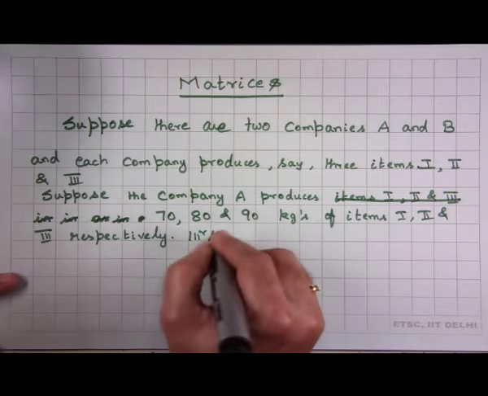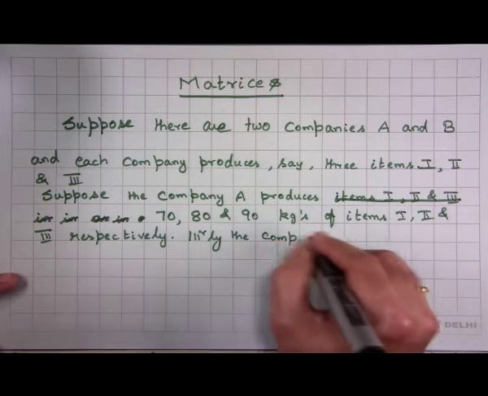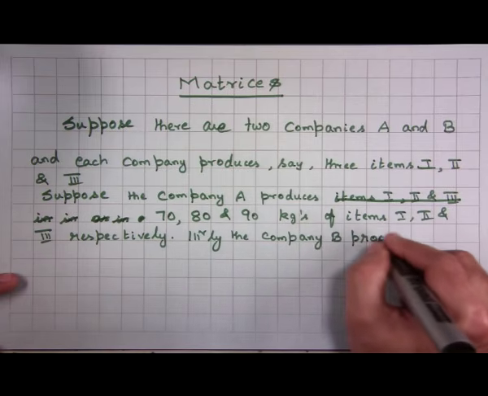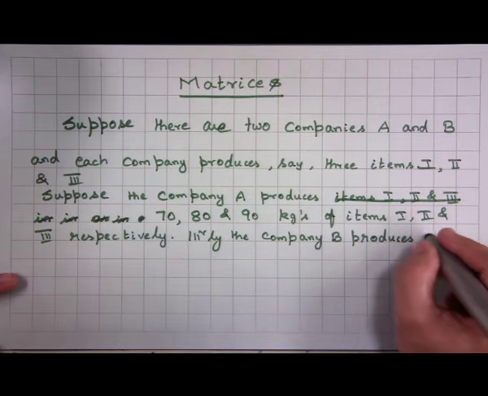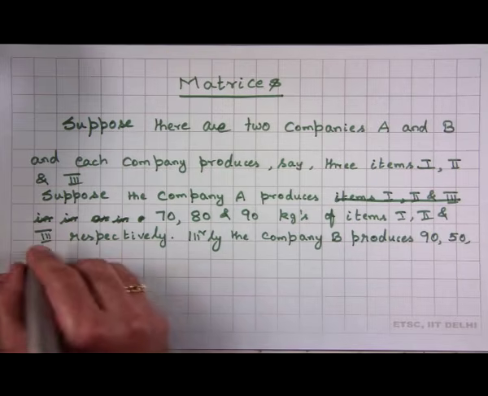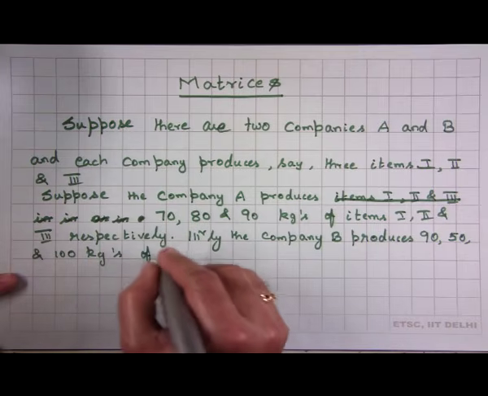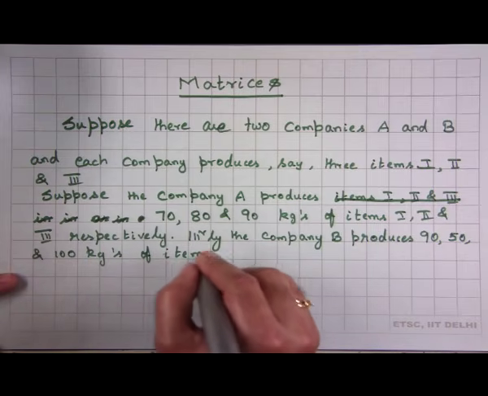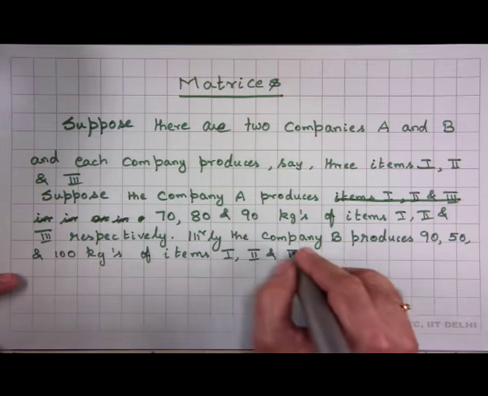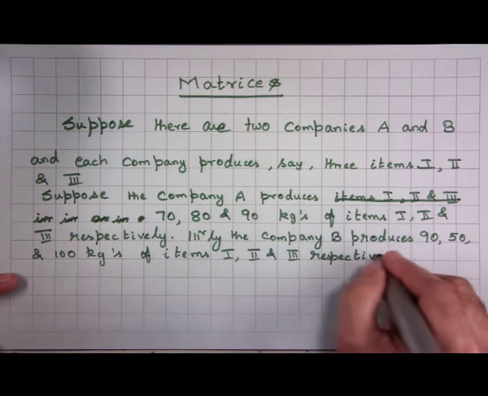Similarly, let us suppose that the company B produces 90, 50 and 100 kgs of items 1, 2 and 3 respectively, right.